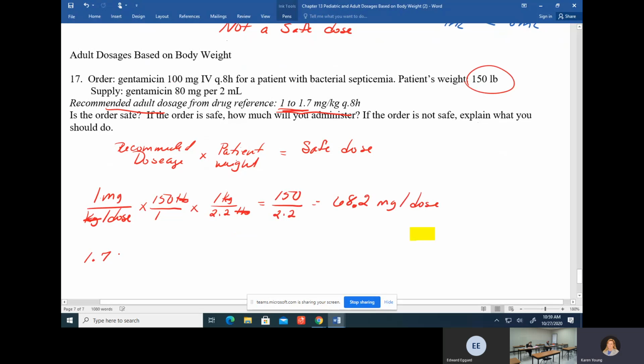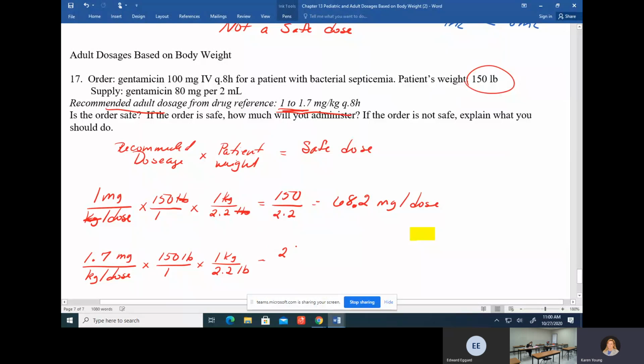Let's look at the 1.7 milligrams per kilogram per dose times a patient's weight of 150 pounds times 1 kilogram over 2.2 pounds. So now I've got to multiply the 1.7 times the 150.